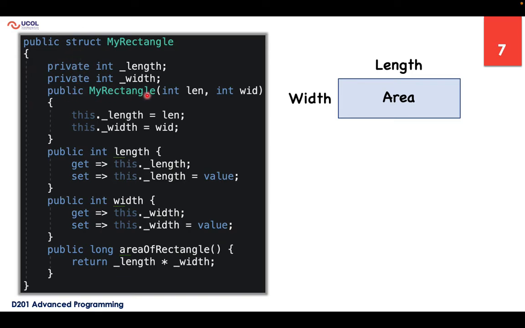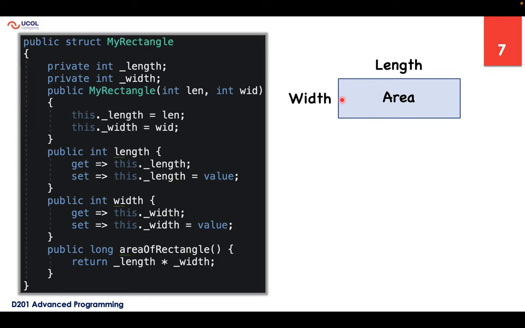We have defined a constructor which takes the length and width, and we assign them. We also have the set and get methods, how we can access those private members of this structure, and then eventually we have the area. And you know that if we multiply the width and the height, we get the area of a rectangle.